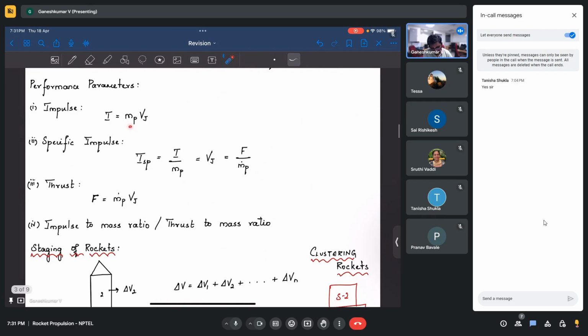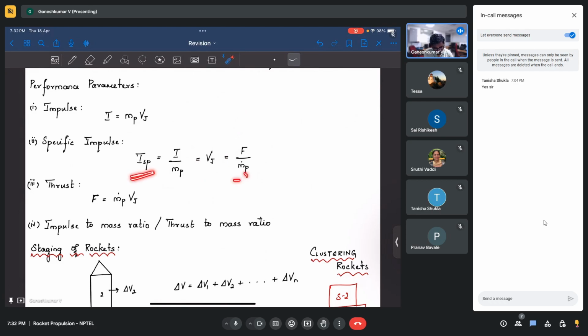So impulse is nothing but the mass of propellant times Vj, the velocity of the propellant. And the specific impulse is nothing but impulse by mass of propellant, or F by mp. Specific impulse equal to Vj is true under certain conditions. I hope you guys can remember this.